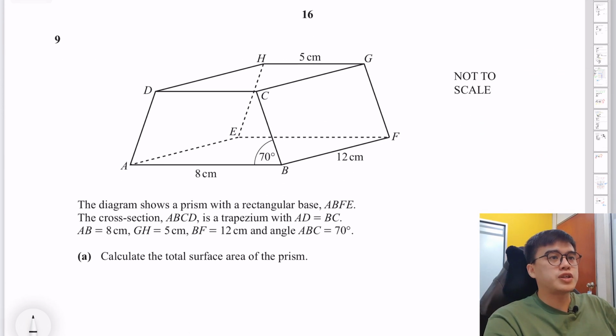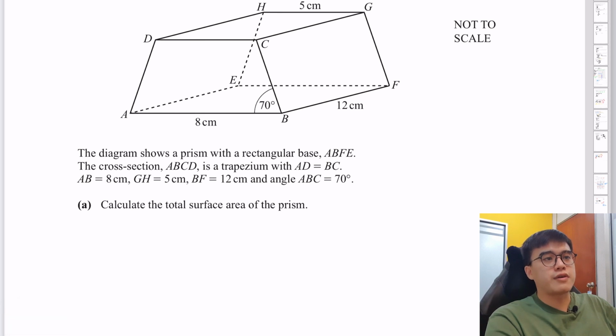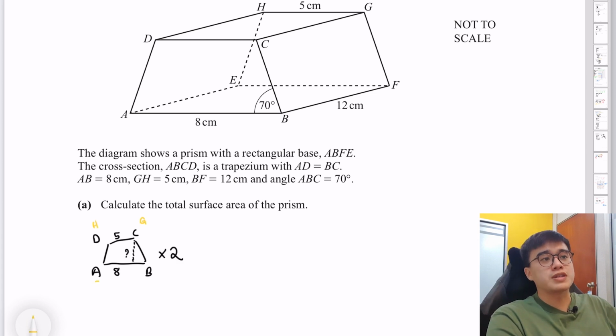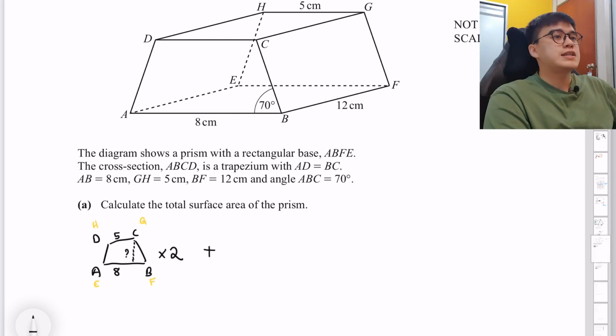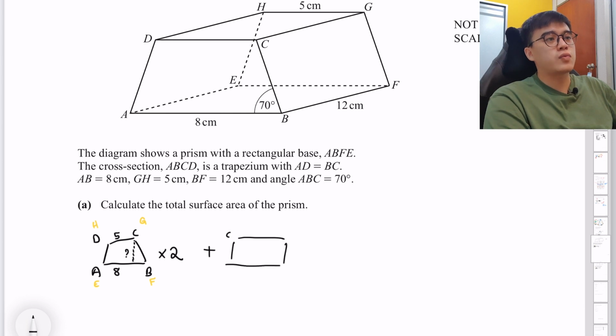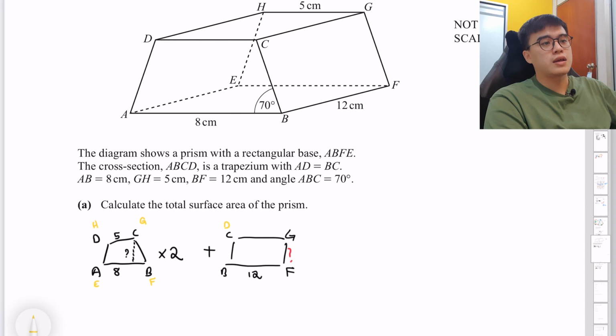Moving on to question 9, calculate the surface area of this prism. I first split up the shapes. There are 2 trapeziums, DCAB and HGEF. Then there are 2 rectangles, CGBF and DHAE.